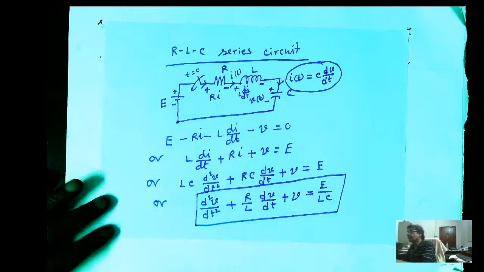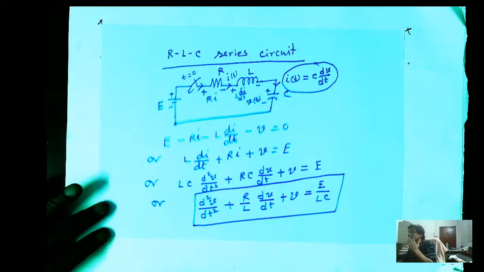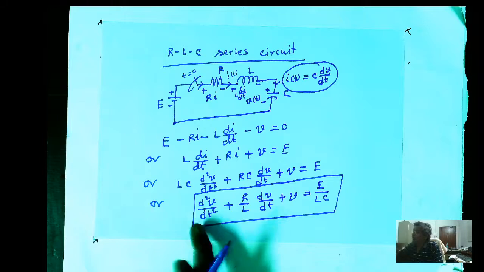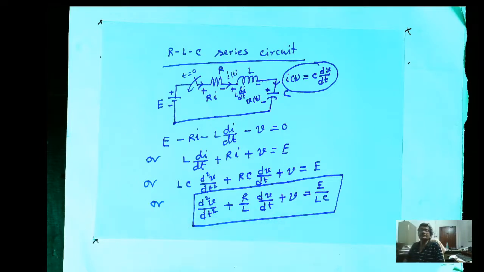It is a constant coefficient linear second order differential equation with only one unknown or output, the voltage. Suppose I am interested to know how voltage changes with time when an RLC circuit is switched on to a constant voltage E, and this is the equation.